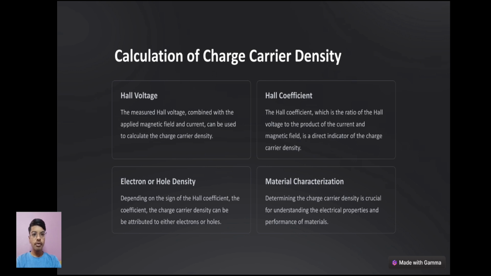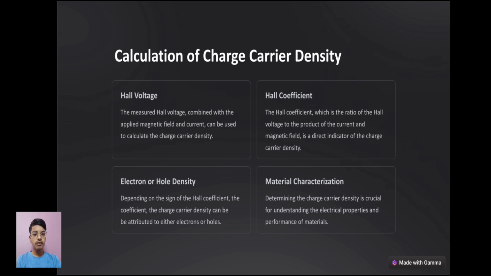Calculation of charge carrier density. Hall voltage. The measured Hall voltage combined with the applied magnetic field and current can be used to calculate the charge carrier density. Hall coefficient. The Hall coefficient, which is the ratio of the Hall voltage to the product of the current and magnetic field, is a direct indicator of the charge carrier density, electron or hole density.